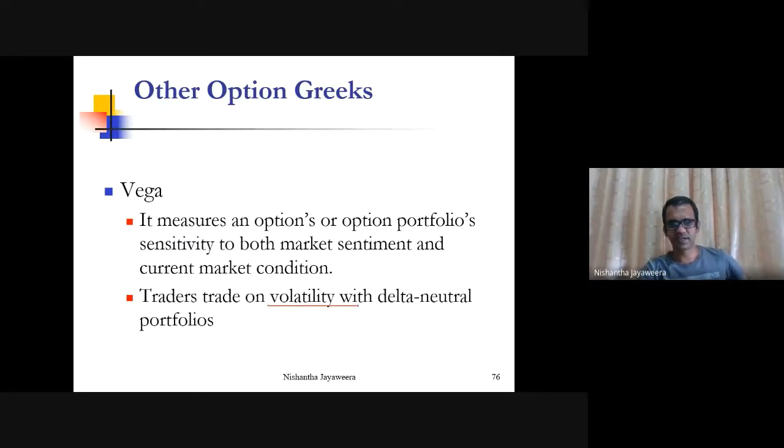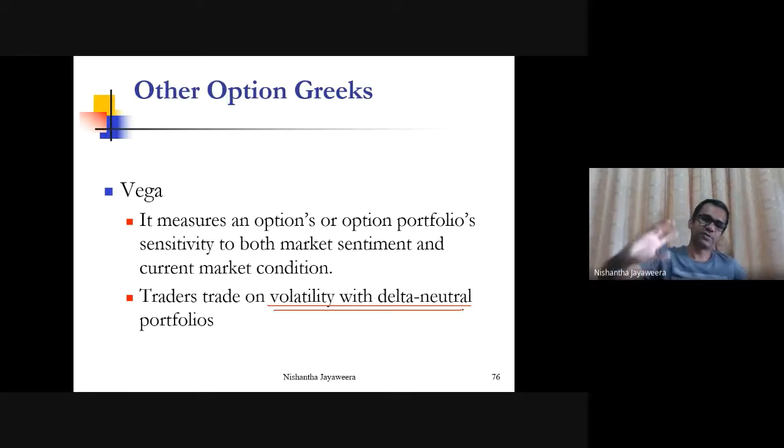So there are strategies where you can create an option portfolio. The value of the portfolio won't change just because the price of the underlying changes. That is what we call delta neutral.